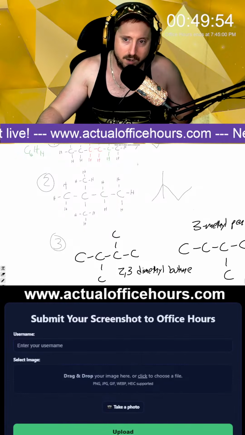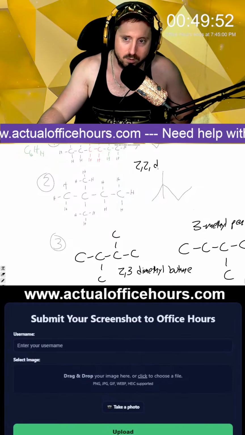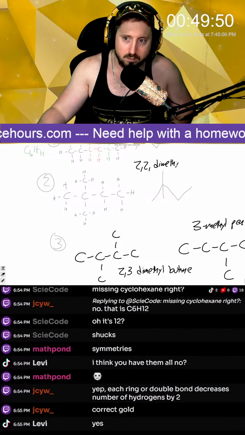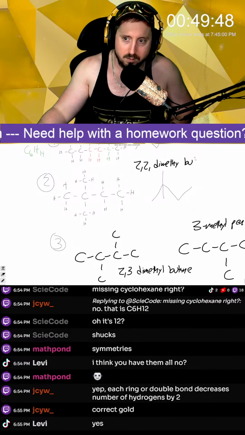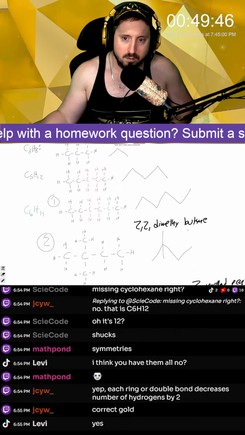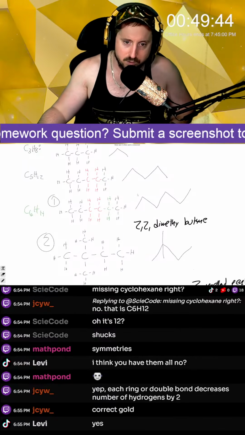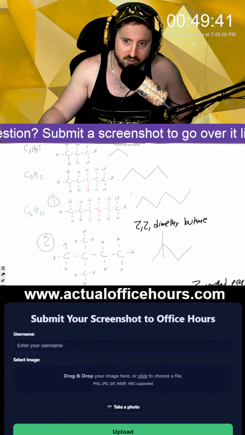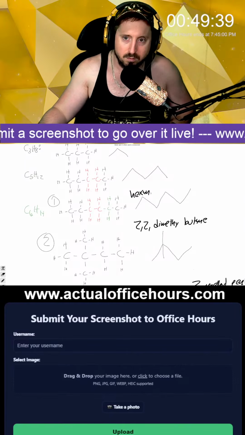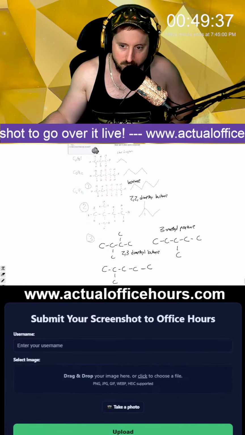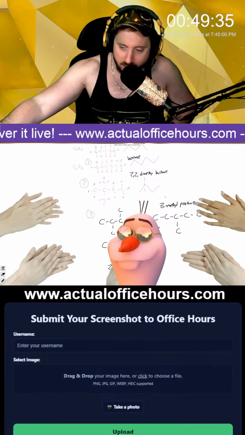And then this one, I think, is 2,2-dimethylbutane. And then, yeah, cool. This one is just hexane. 1, 2, 3, 4, 5. All right, cool. We did it. Nice. Good job, guys.